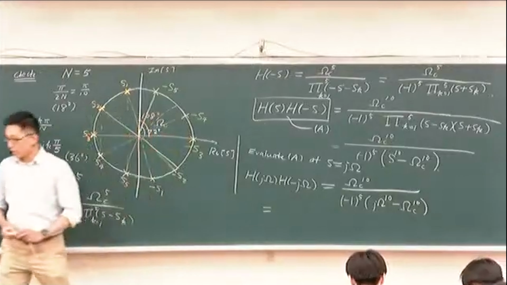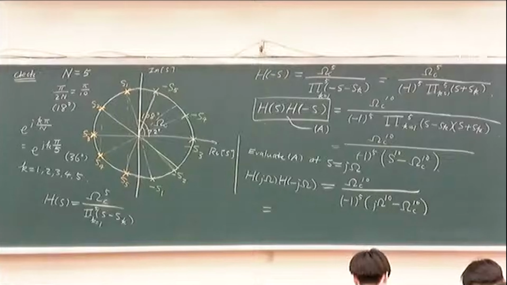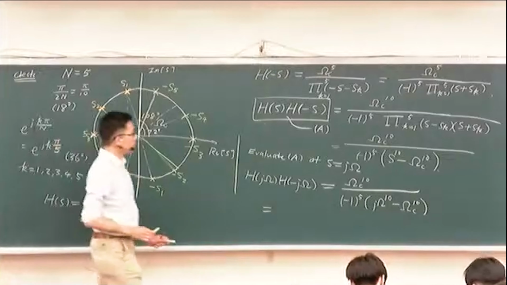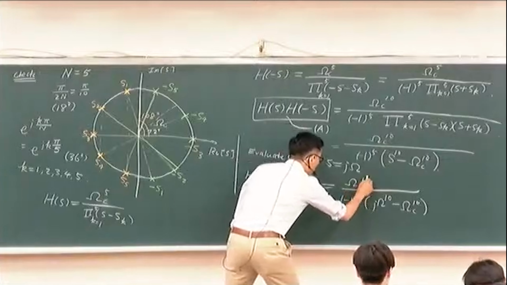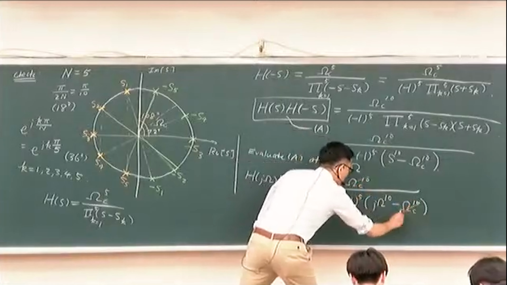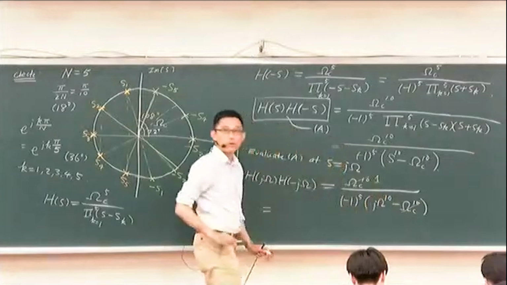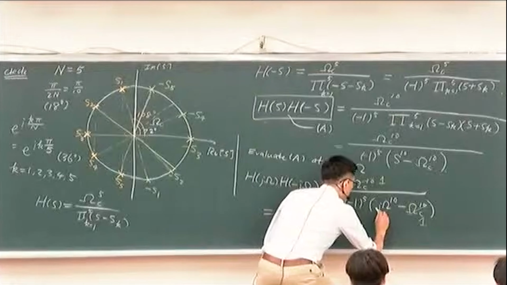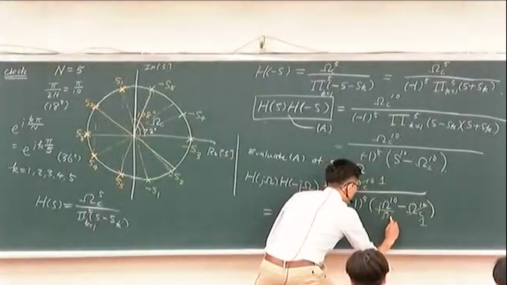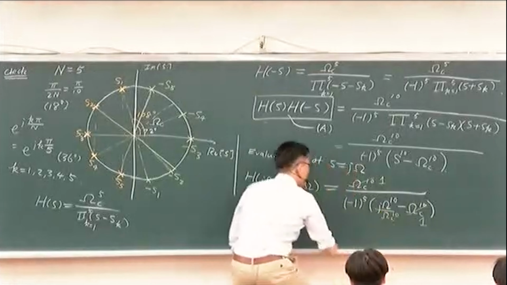So we are really close. Let's just try to introduce some cleaning up. How about we divide the top and bottom by omega c to the 10th power? So that becomes that. And here we have omega c to the 10th power, right?